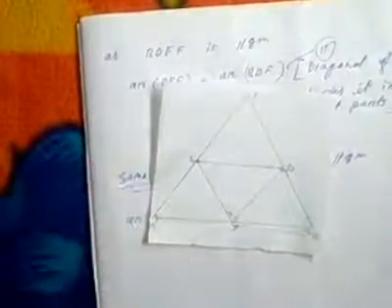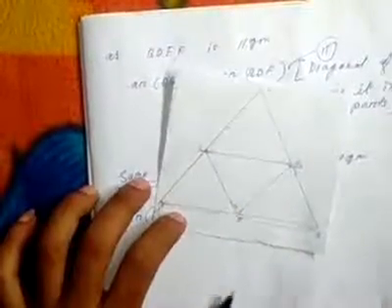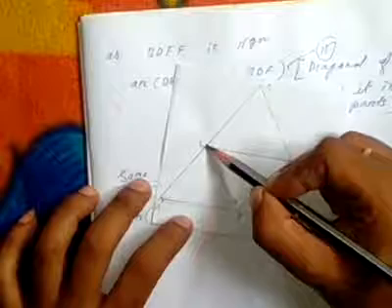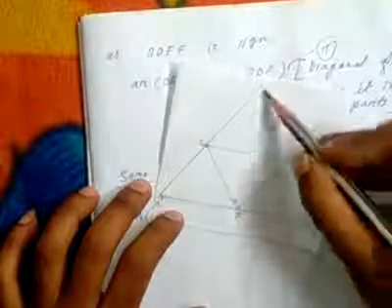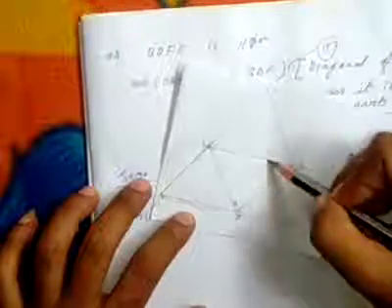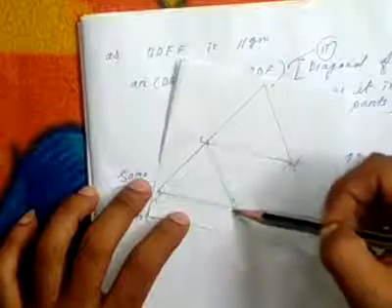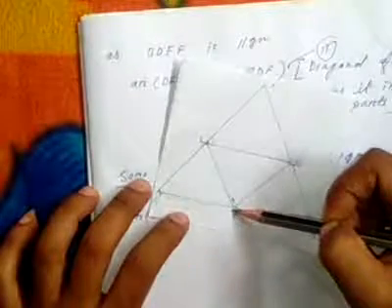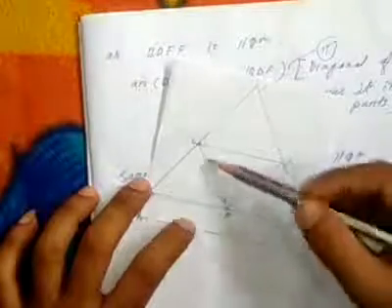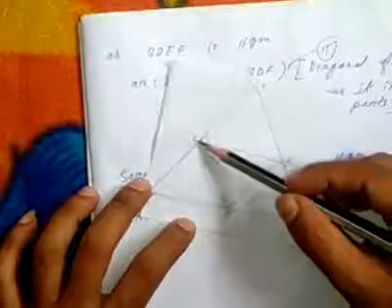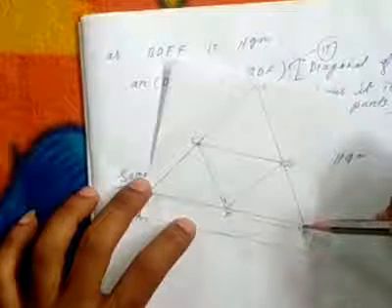Again you can find another parallelogram here, because ECFD is also a parallelogram, isn't it? If we consider E and F the midpoints of sides AC and AB of the triangle, then if we join these two points, EF is parallel to BC.